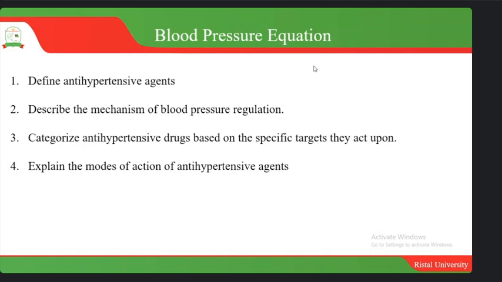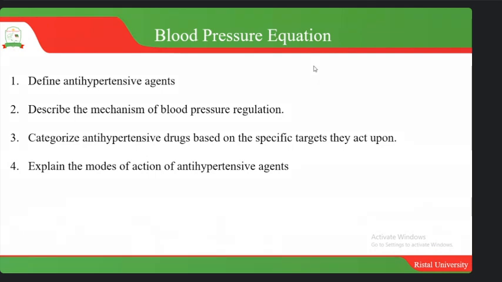The first objective is for us to define what antihypertensive agents are, and then also to describe the mechanism of blood pressure regulation, then categorize the antihypertensive drugs based on the specific targets that they act upon, because every drug has its specific area where it has to cause its effect.